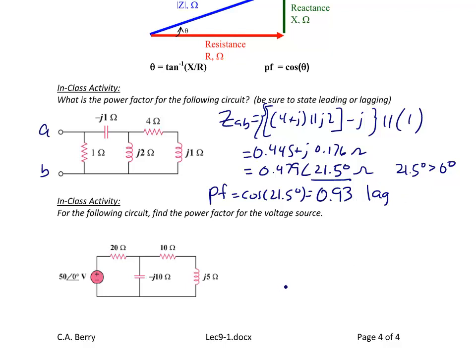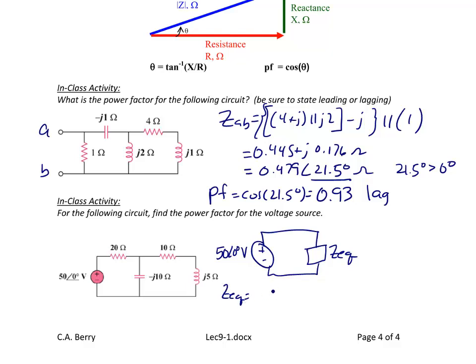Let's try another example. For the following circuit, find the power factor for the voltage source. Similar to the one above, it's probably simpler to find the impedance for the load. So we'll have the voltage source 50 with an angle of 0 degrees, and units are volts. And we want to find the equivalent impedance at the load, which we will call ZEQ.